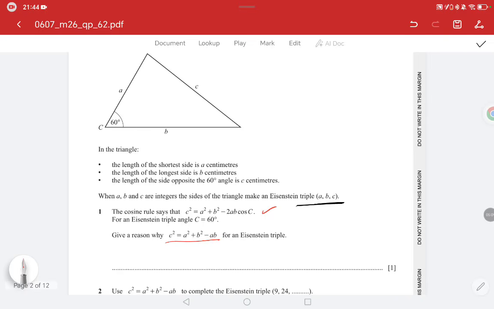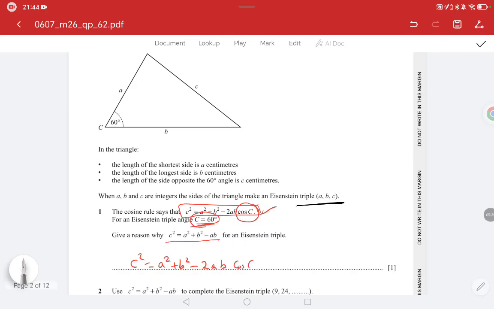They give me information that the angle is 60, so I just need to substitute in the formula. So c squared equals a squared plus b squared minus 2ab cosine C. What's C? It's 60.